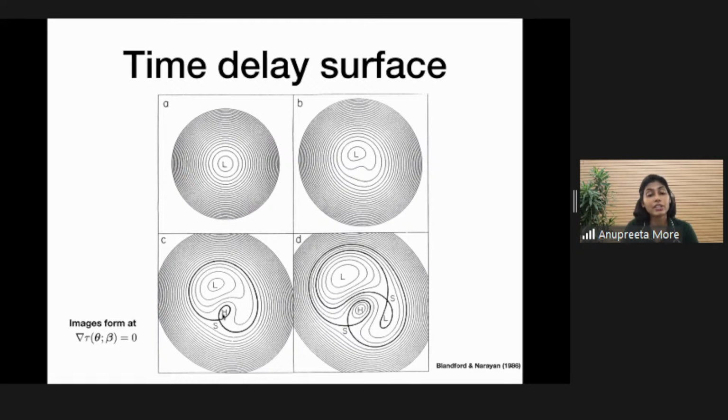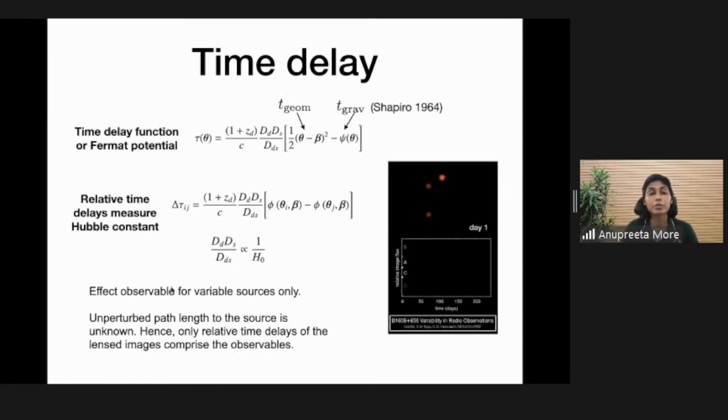And then H stands for high, which means maximum in this time delay surface. So these images are formed at the stationary points of this time delay surface, and you can see that also very clearly by taking the gradient of this time delay equation shown in the previous slide.